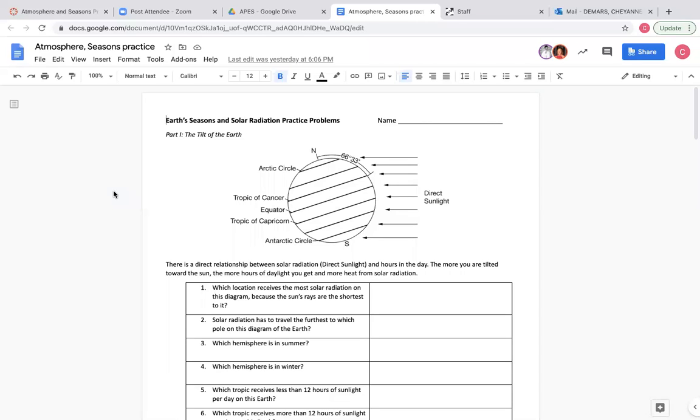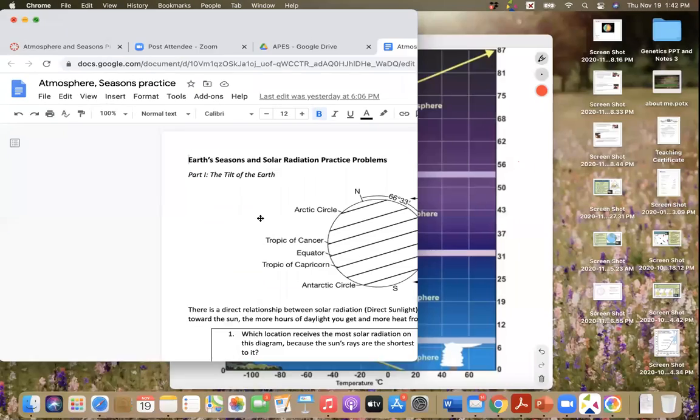I'm going to go through and talk you through some of them from each section and then let you finish the rest on your own. But there are some that I do want to talk about and explain from each little part. So I'm going to go back to where I can write on this.